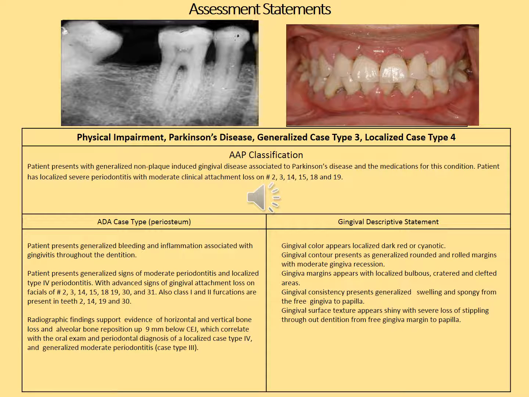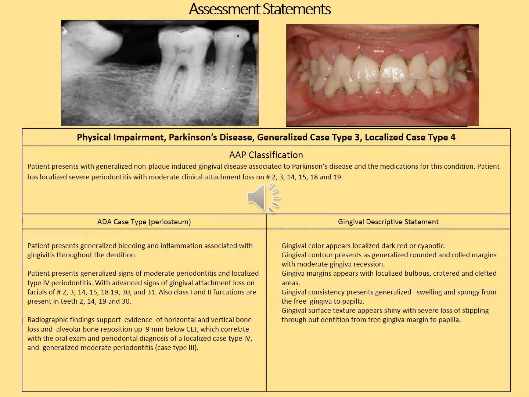The patient also has localized severe periodontitis with moderate clinical attachment loss on teeth number 2, 3, 14, 15, 18, and 19.